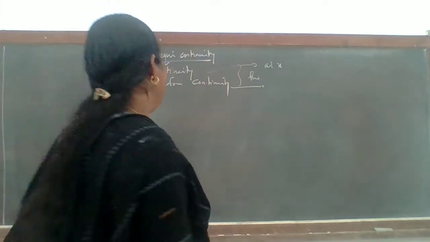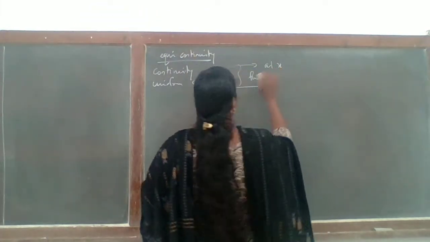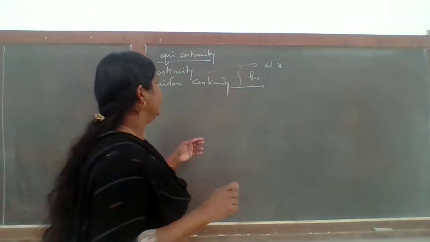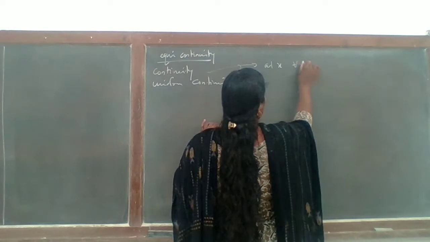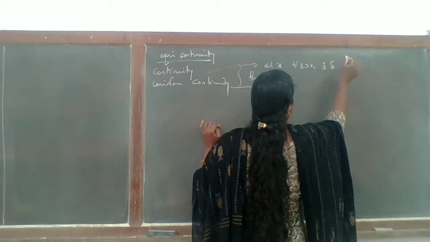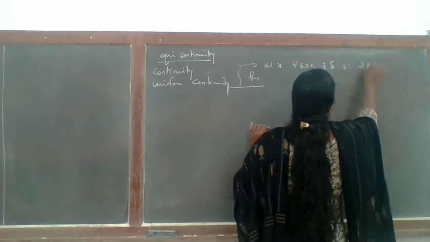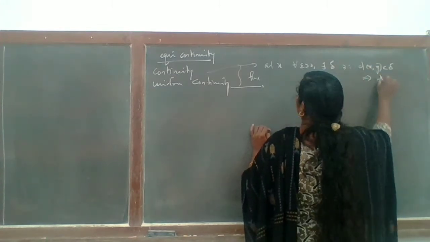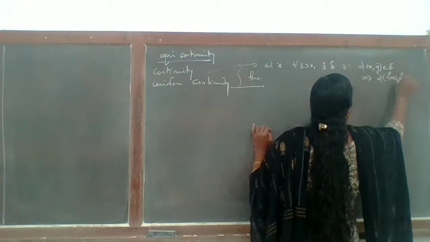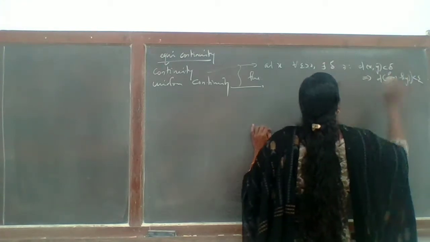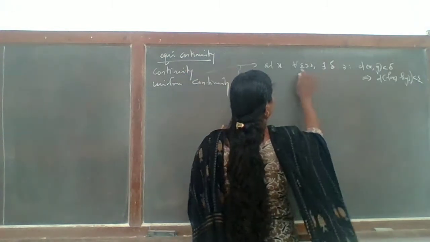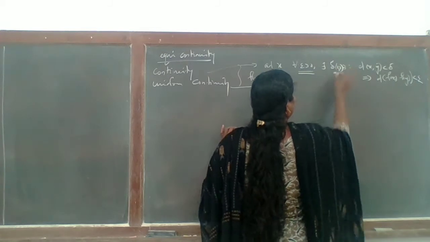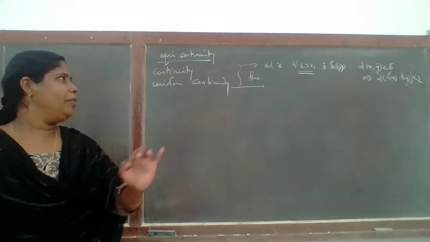Okay, so continuity at some x means for every epsilon positive there is some delta such that whenever d(x,y) is less than delta, then d(f(x), f(y)) is less than epsilon. Okay, so this delta depends on the epsilon chosen and x. So these two things determine the delta.